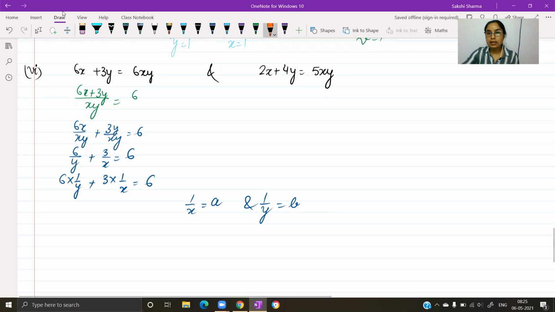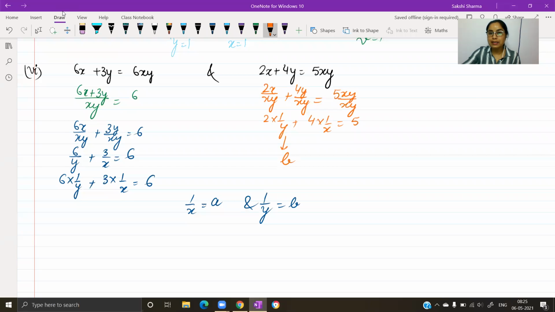Similarly, working with the second equation, you get 2x over xy plus 4y over xy equals 5xy over xy. This is dividing throughout by xy. So you get 2 multiplied with 1 over y plus 4 multiplied with 1 over x equals 5. And these have been replaced by A and B.